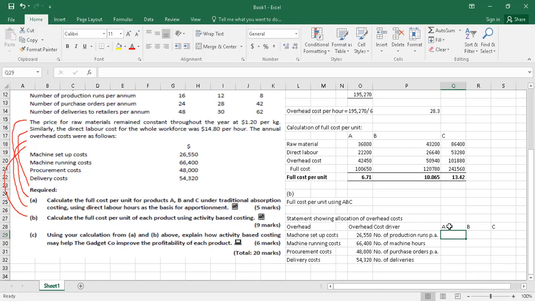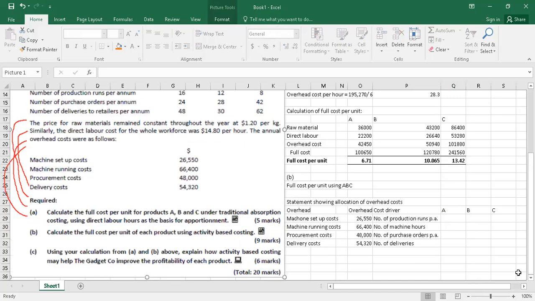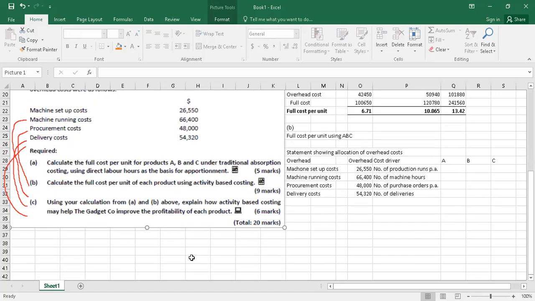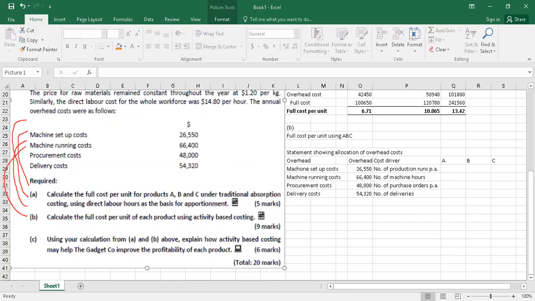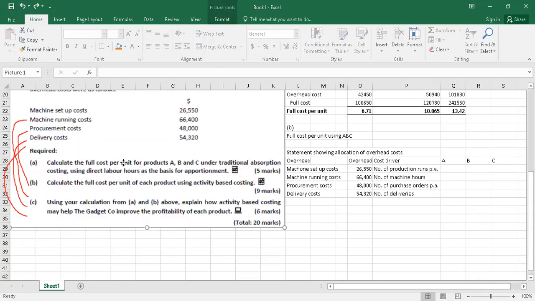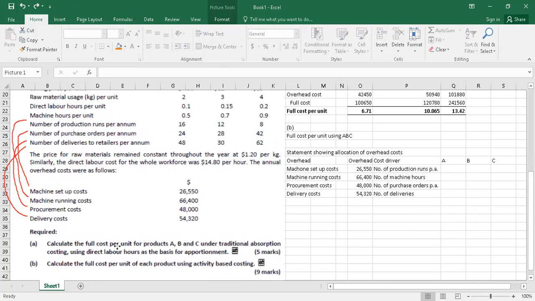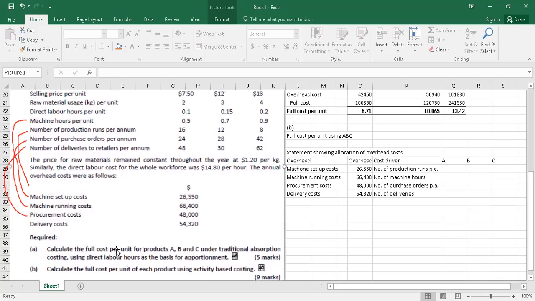The overhead cost is 26,550. I'll pull this down so we can have the details side by side. The total amount of machine setup cost is 26,550.